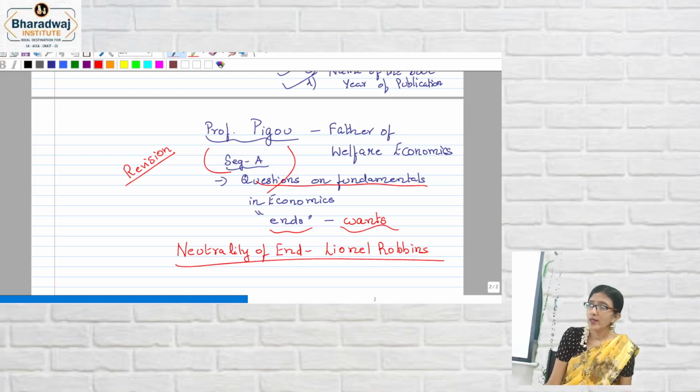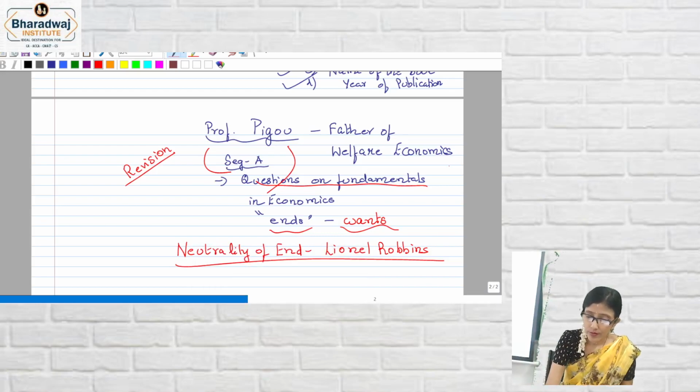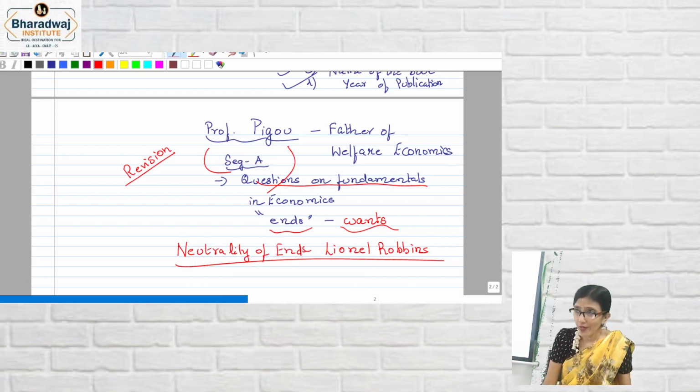Vijayanandam, you can say. Yes, you want to try? See, neutrality of ends means, when you say neutral, we are not making any bias or exhibiting any partiality. What did Alfred Marshall say?